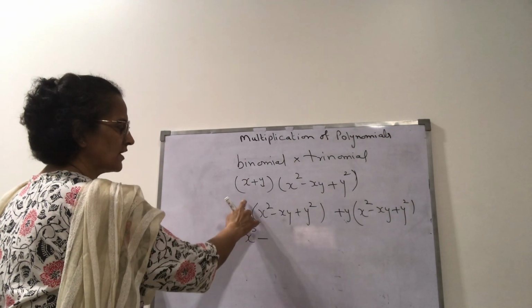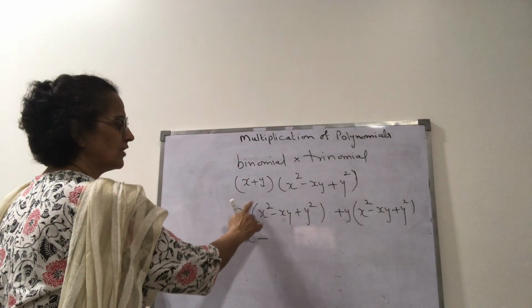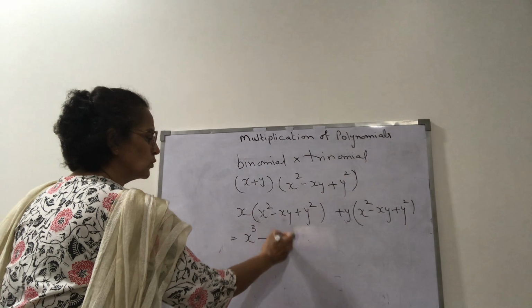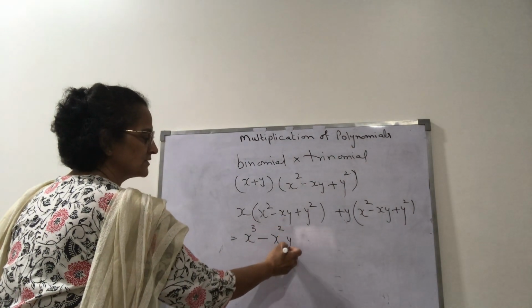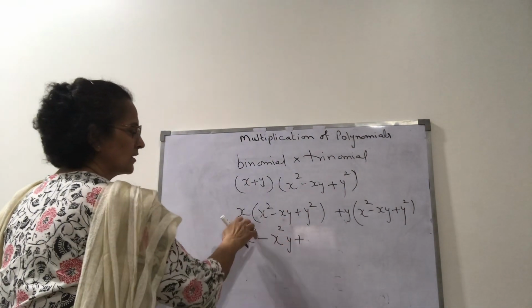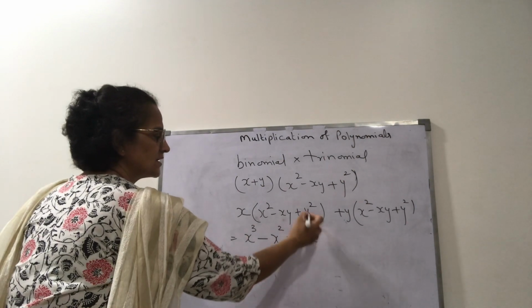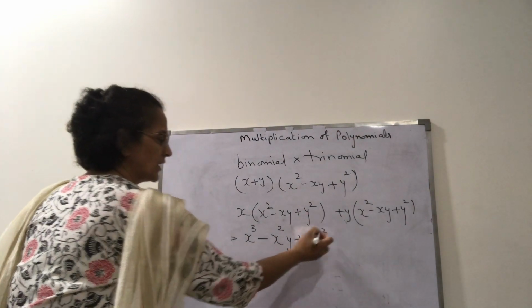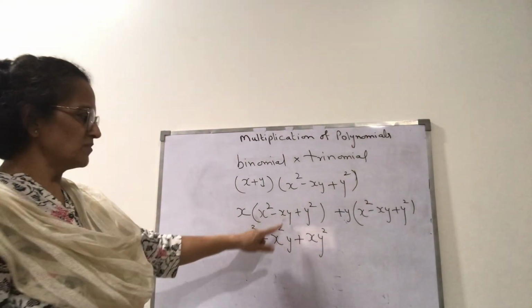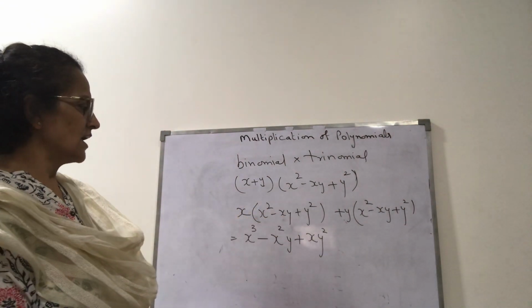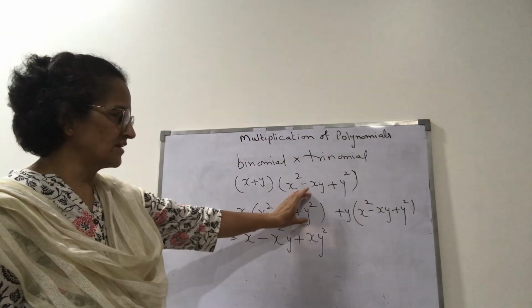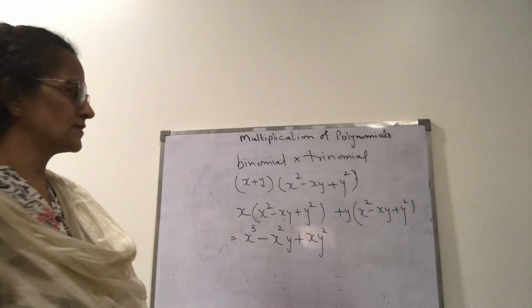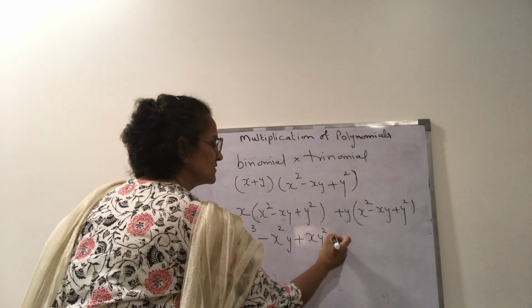Power of x is 1, power of x is 1, 1 plus 1 becomes 2, and y as it is. x as it is, and y square. When the bases are same, then only you can add the powers, otherwise you can just write x and y square as it is.